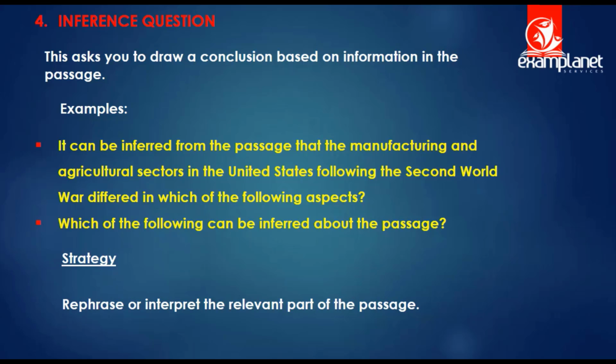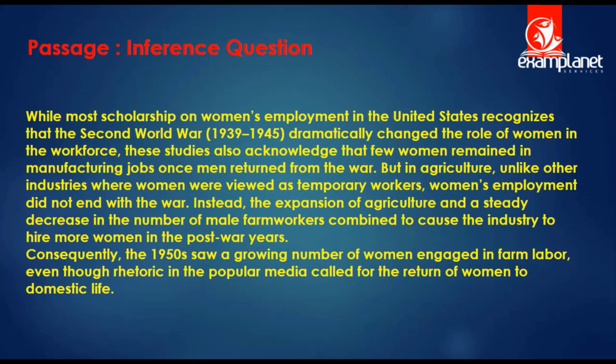Which of the following can be inferred about the passage? The strategy is simple: rephrase or interpret the relevant part of the passage. The question we have here is an inference question.